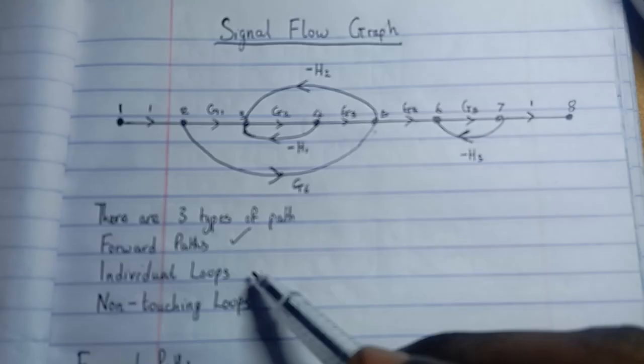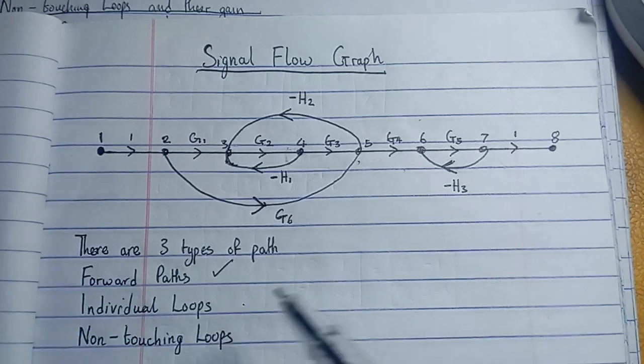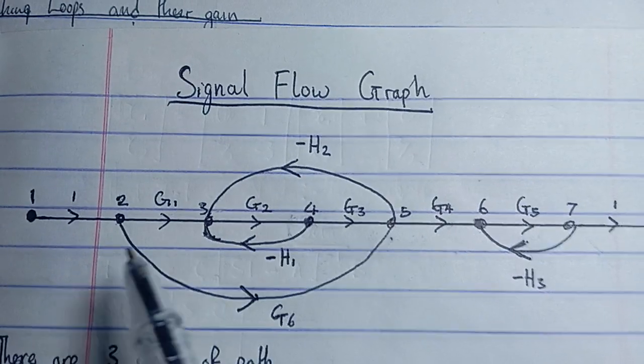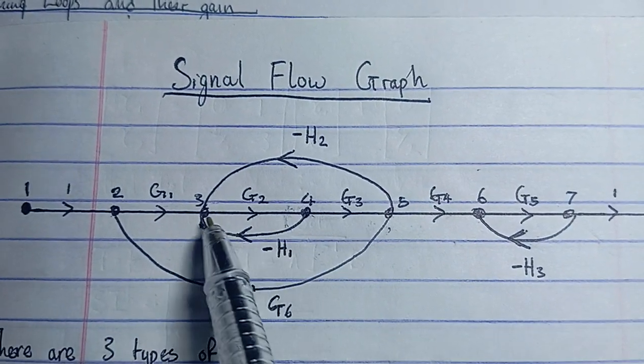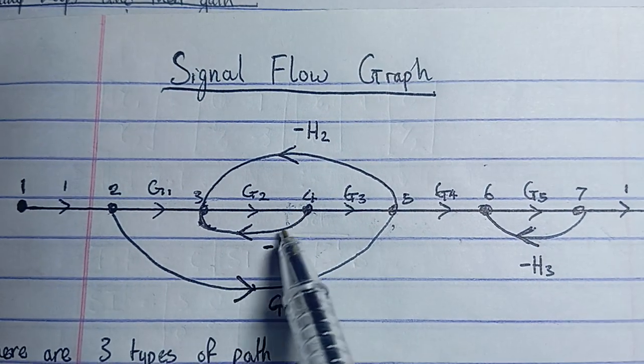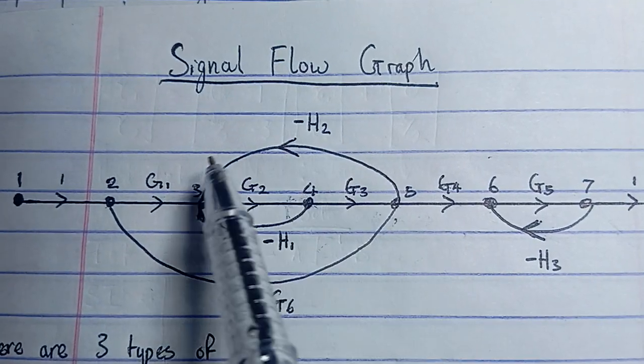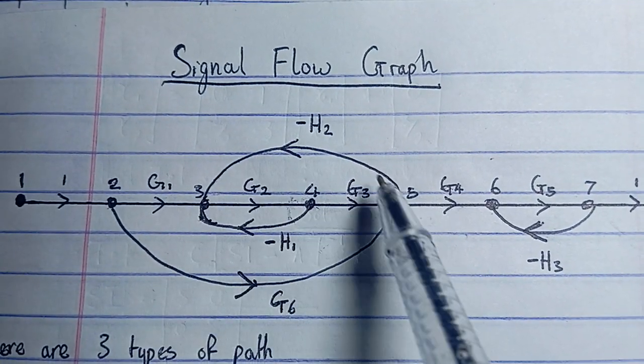Now we are looking at our individual loops. Let me explain what a loop is. A loop in the signal flow graph is where the direction is flowing backwards. So you see this here, it goes forward and it flows backward. This is a loop. Flowing backward, this is a loop. Between these points is a loop.